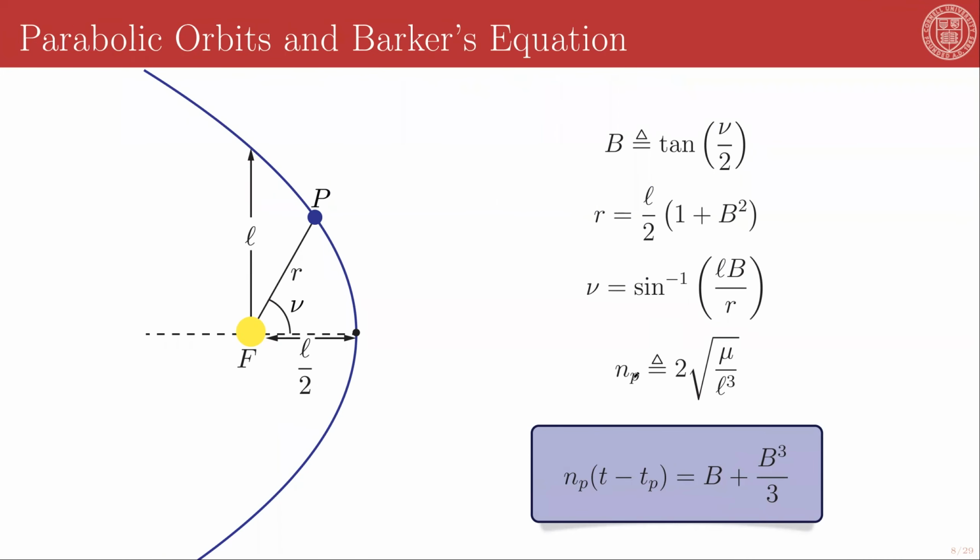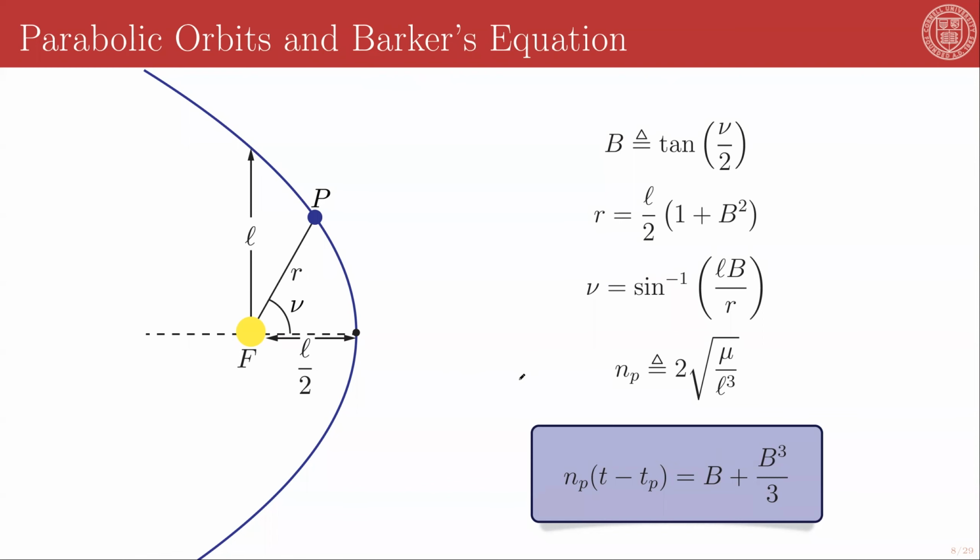So here we have a setup that looks very similar to the eccentric case, except the right-hand side is no longer a transcendental expression in this new auxiliary anomaly, B. Instead, it's a polynomial expression, and because it's a polynomial of order 3, it has an exact solution.